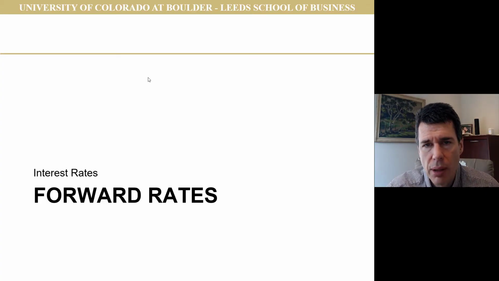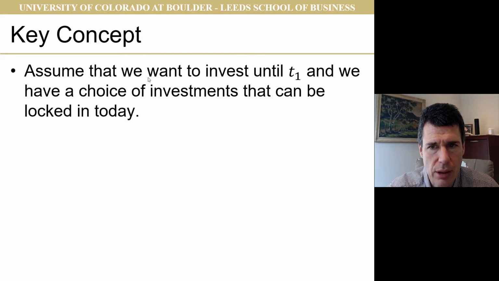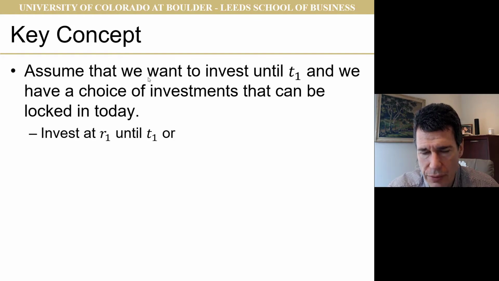So this is probably a new concept for many of you. Let's take a look at what we're talking about. Let's say we want to invest until sometime T1, and we have a choice of investments that can be locked in today. The first investment is investing at some rate, R1 we'll call this, until T1. So we're basically going to take our money and invest at a known interest rate until time T1.